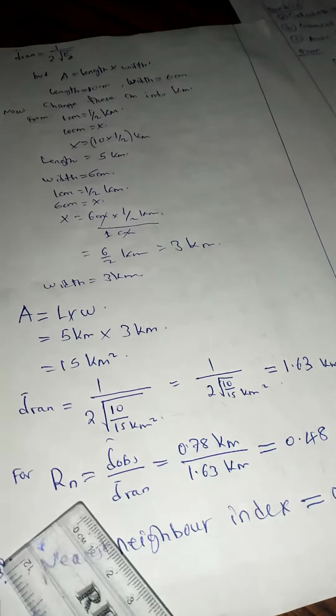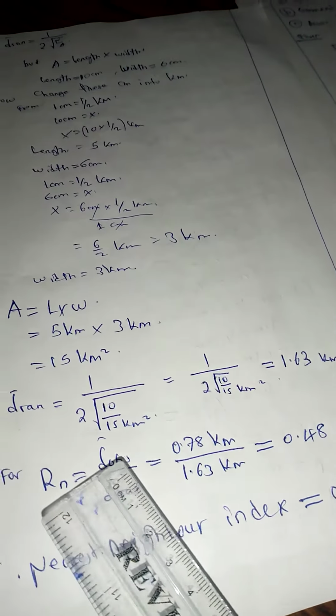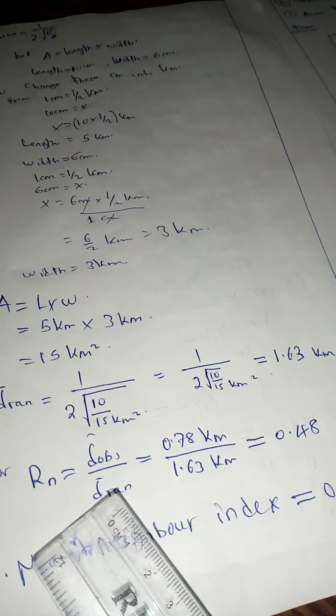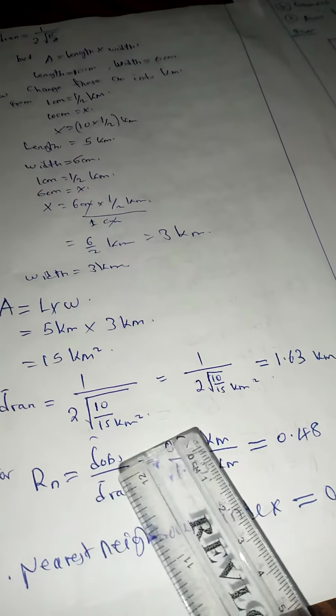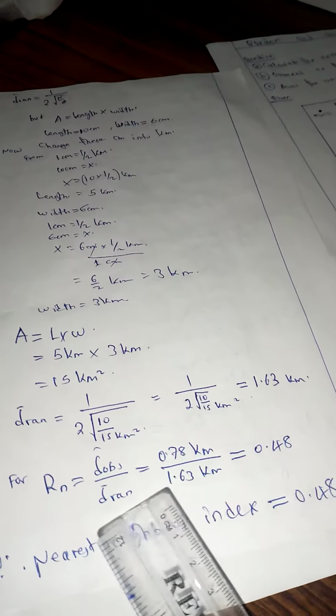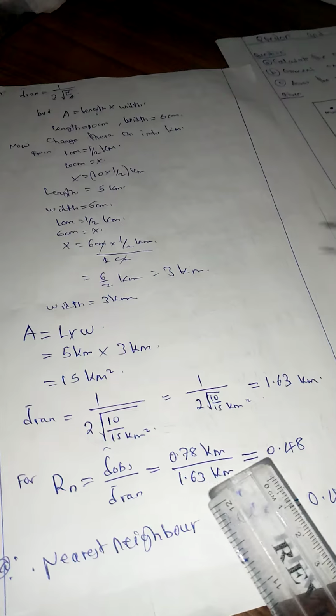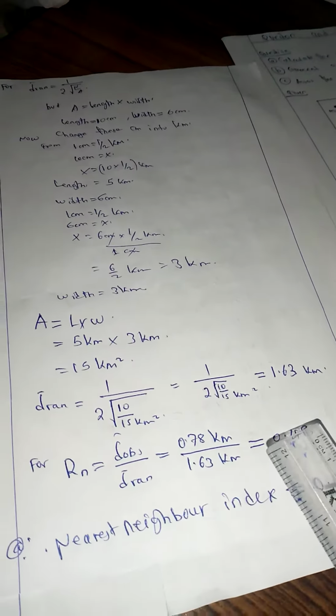For Rn, which is the nearest neighbor index, will be D obs over D mean ran is equal to, this one you have already got, which is 0.78 kilometer over 1.63 kilometer, but kilometer and kilometer will cancel out, which will be 0.48.